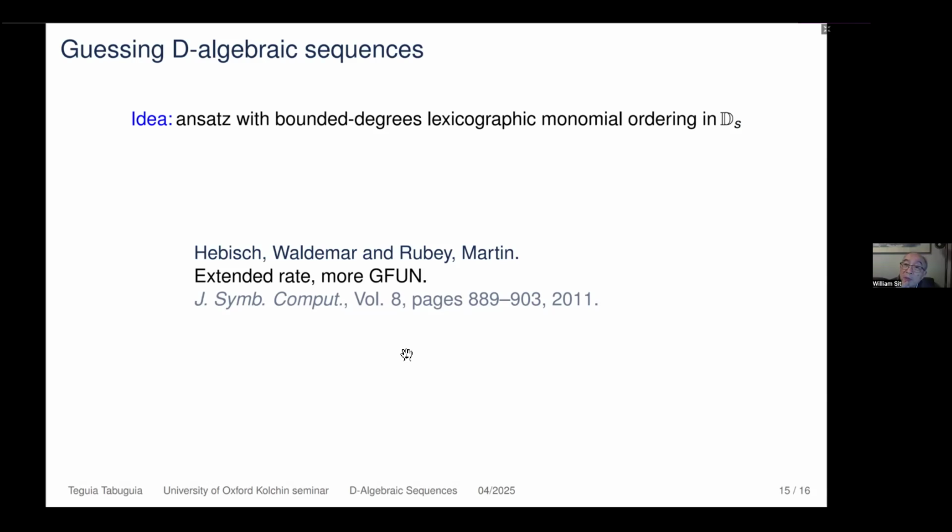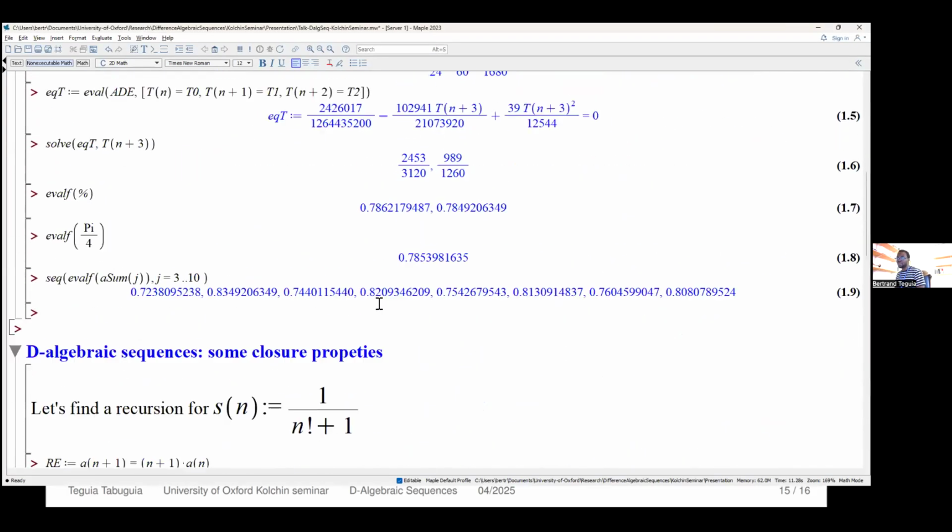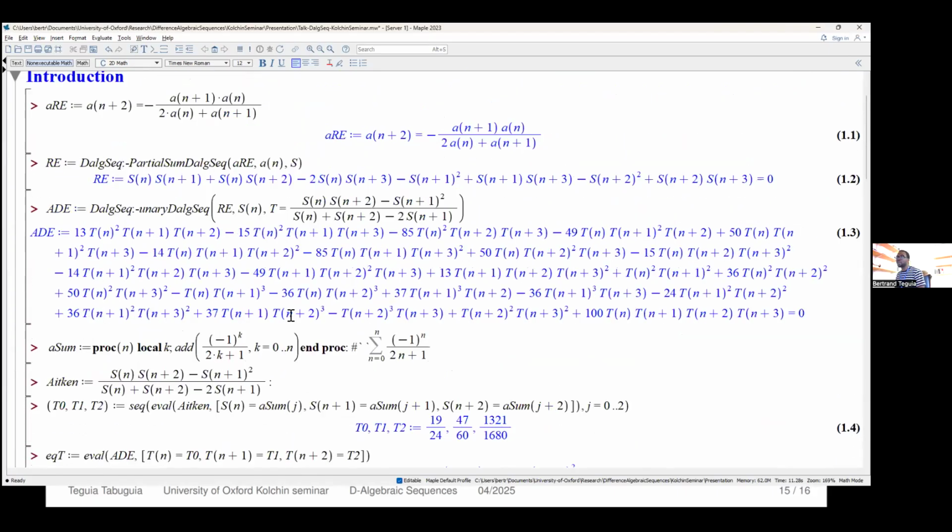Can that process also be iterated? I mean, can it be iterated, that process? Yeah, for instance, in the introduction, from what I gave here, in this example, now that we have all terms, if we have these three terms, you can compute all terms of the Aitken sequence for Sn.